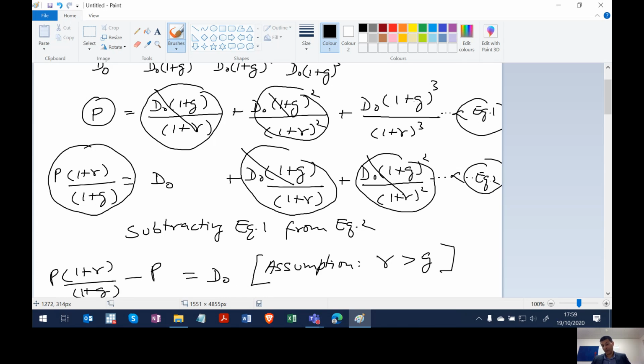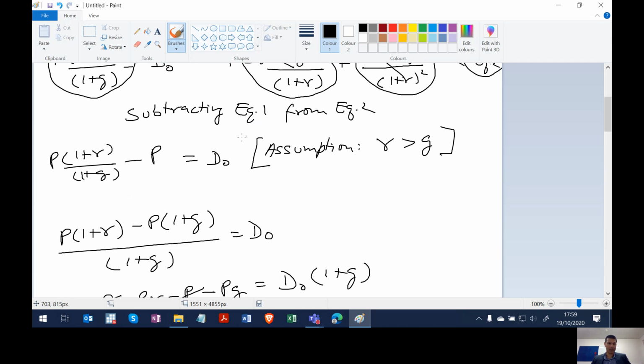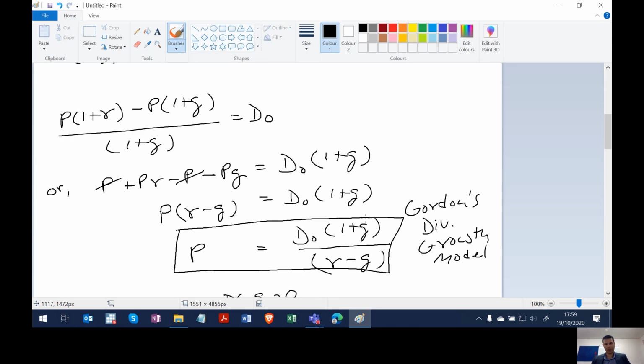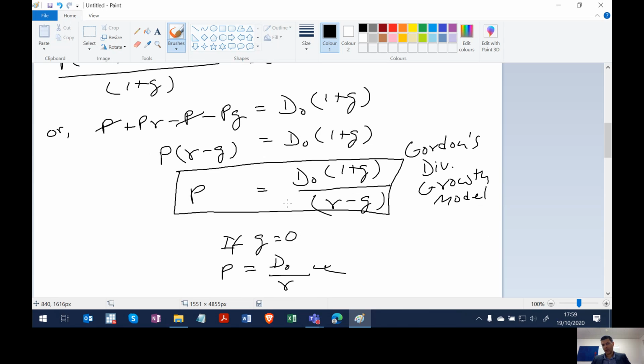If G is greater than R, this infinite term is going to be a huge number. So this formula will simply not work, because our assumption is based on the idea that R is going to be greater than G. Only in that case will this formula work. So I hope you find this formula useful.